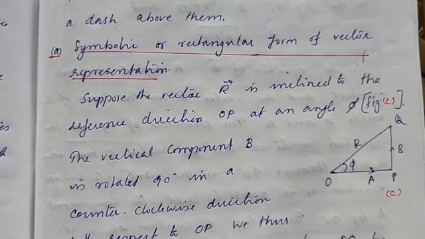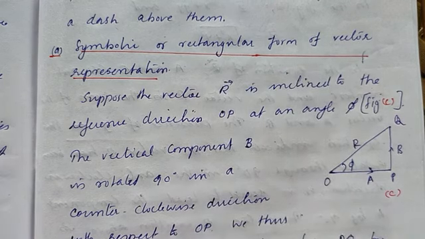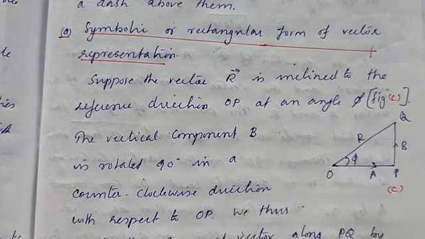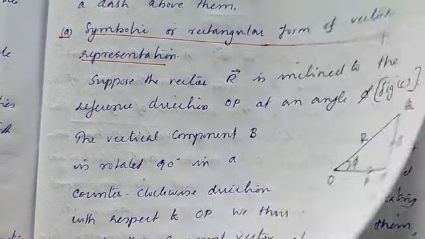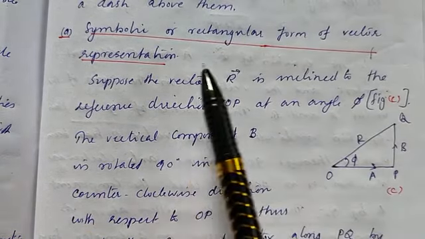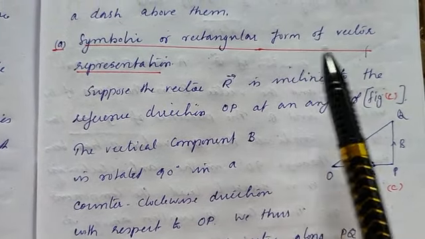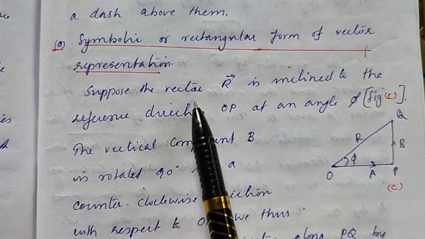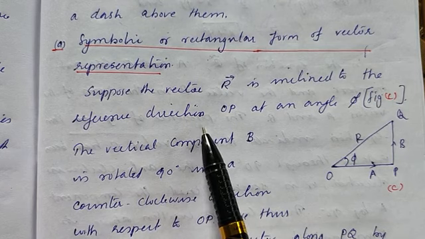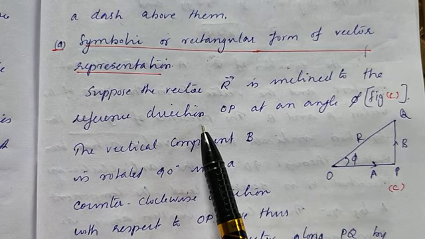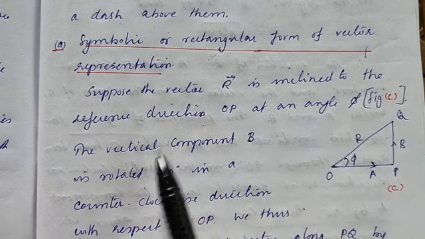Now, the first form, the symbolic or rectangular form of vector representation. We said that there are four forms of representation of a vector using the j operator. This is the first form. Suppose the vector R is inclined to the reference direction OP at an angle phi.